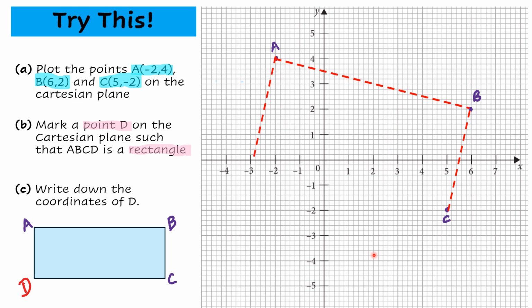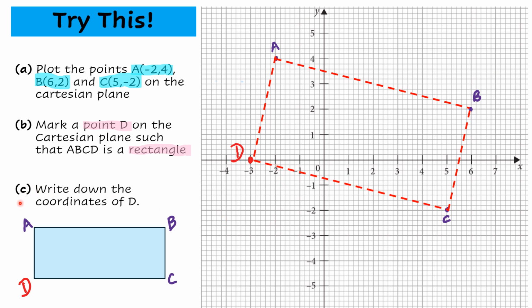So the opposite side of this rectangle is here, and then the length, I move it down, I have it here. I'm not too sure whether you guessed it right. So over here, my point D will be somewhere here. So this is my point D. Over here you get to see that I'm able to identify the point D and mark out this rectangle.